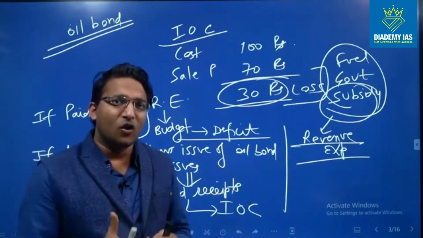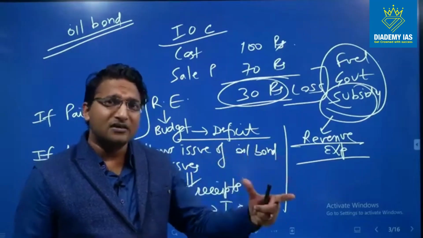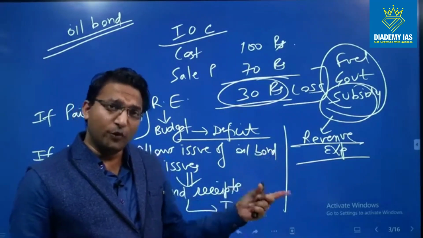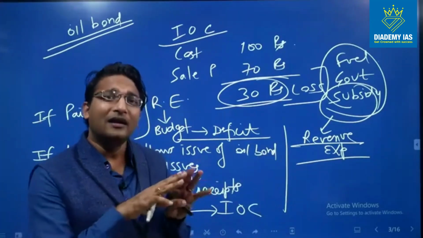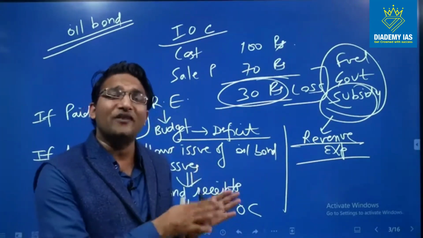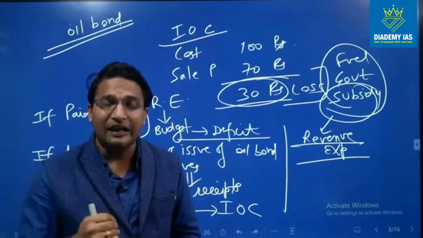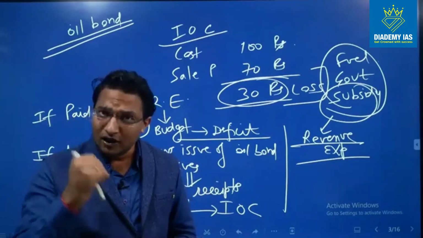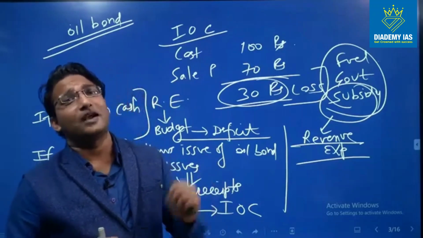For example, the central government says to the RBI, please give a loan of 10,000 crore rupees to the UP government, and if the UP government does not repay, then I will repay your amount. So normally it is not the obligation of the central government, but in case the UP government fails to pay, because the central government has given the guarantee, it will become the liability of that particular year.